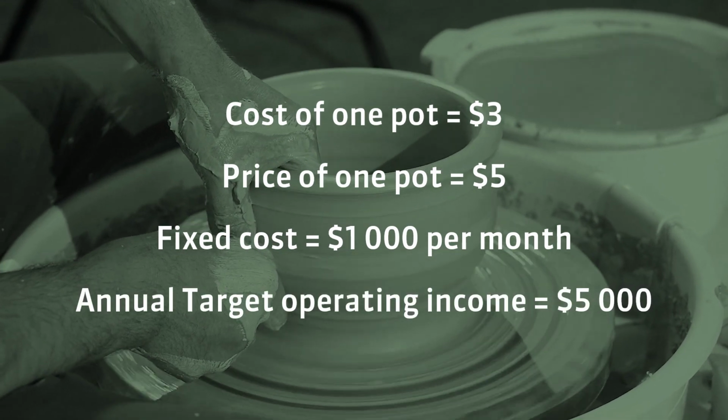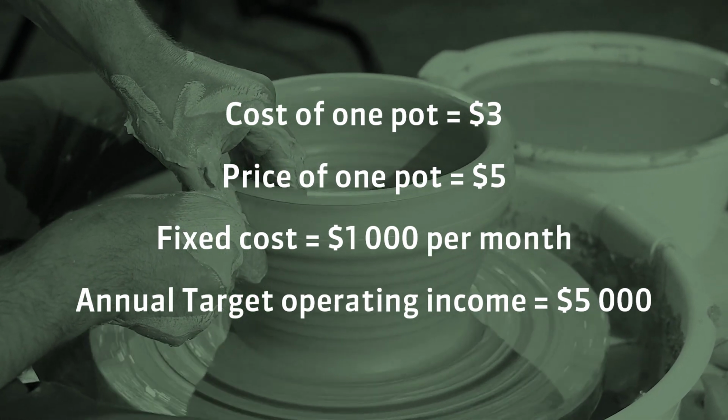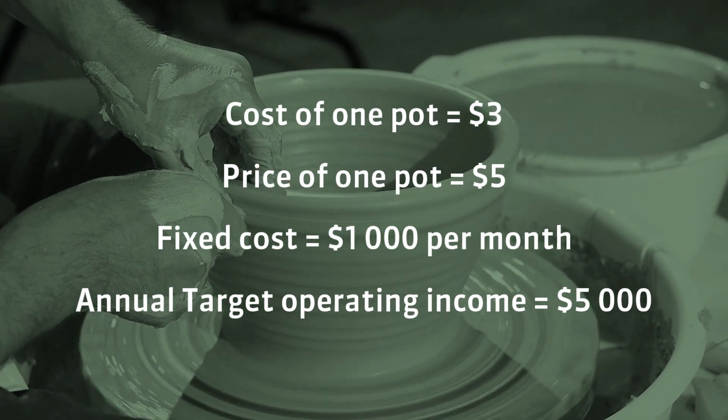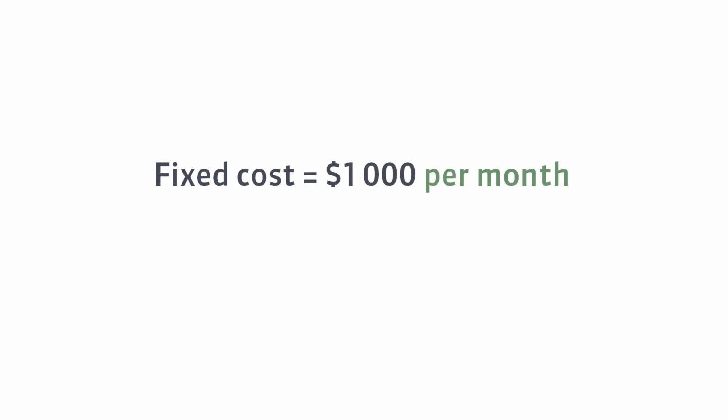How many pots does the company need to sell to reach an annual operating income of $5,000? At the beginning, please note that the fixed cost is given as a monthly value, and the question is about operating income per year.